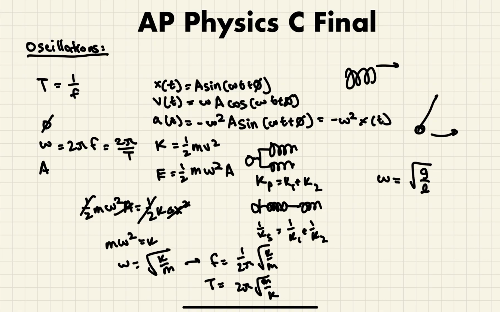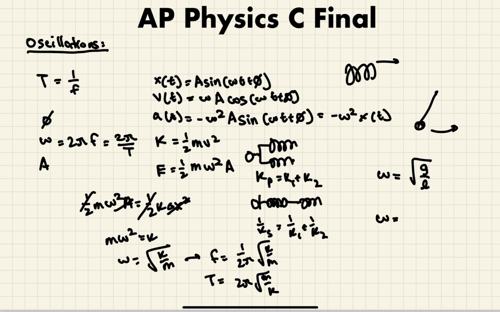And so you're going to come up with a different formula. For the angular frequency, it's going to be the square root of m times g times d over I, where d is like the... Actually, I don't think you're really going to talk about it because it has to do with rotation and moment of inertia and everything. So yeah, just ignore that. Just focus on the simple pendulum right there.